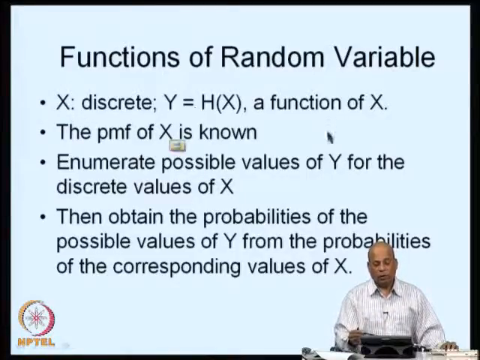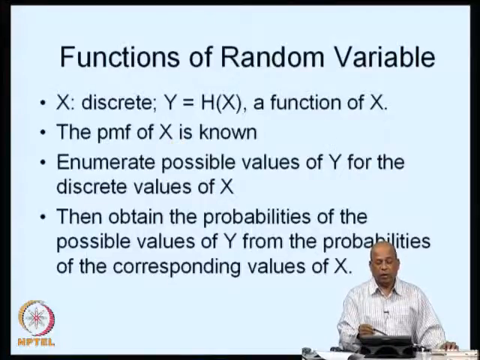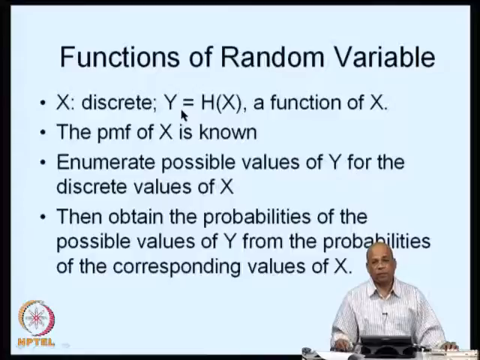In such a situation, associated with each discrete value of x, you obtain the discrete value of y, and then knowing the probability with which that particular value of x occurs, the corresponding probabilities of y can be directly obtained.